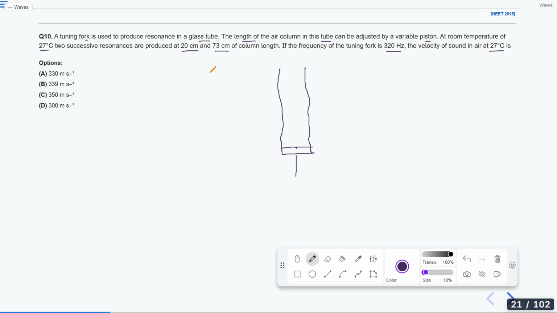Suppose this is the case. We have adjusted the length of this organ pipe or glass tube. So the first resonance, the fundamental frequency, is like this. I apologize for my drawing, that pen is not working. So that is the fundamental frequency.